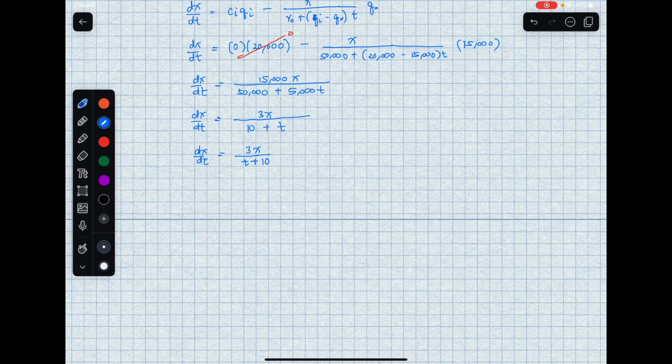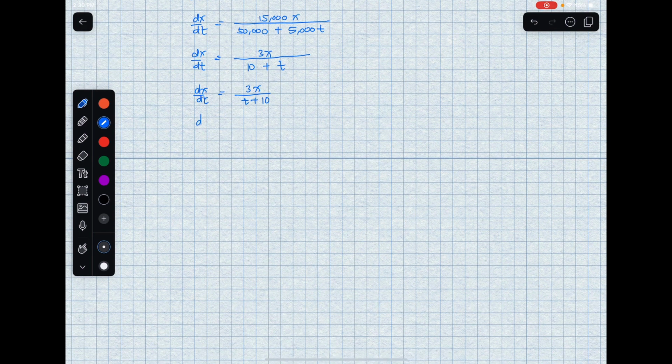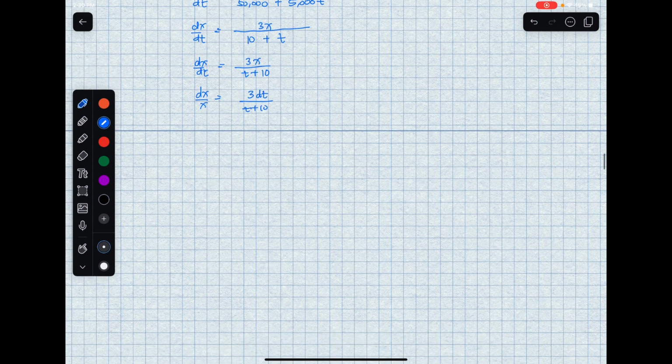And this one is a separable equation. We are to find the function of x, so we make it dx over x is equal to 3 dt all over t plus 10.